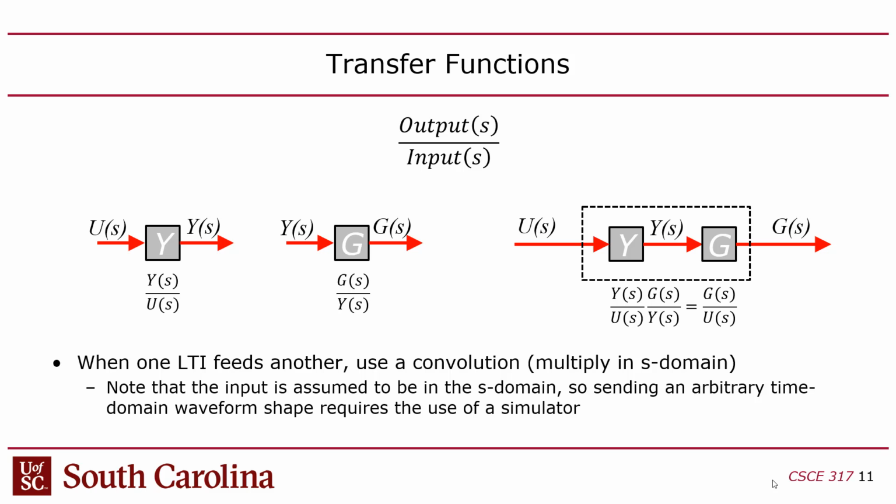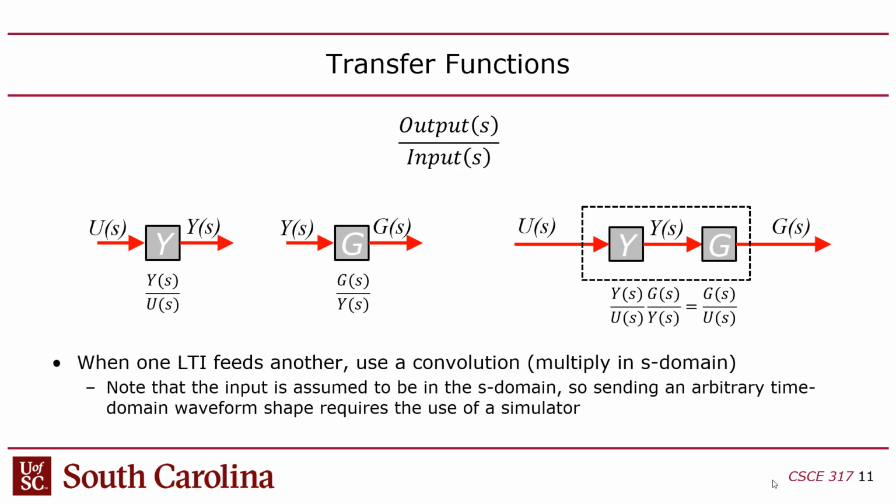Usually when you see this, you'll just see it abbreviated as y, and you don't see the s, but it's really y of s over u of s, right? This is all shorthand, right? So here we've got an open loop transfer function where y is the controller and g is the plant, right? Make sense?